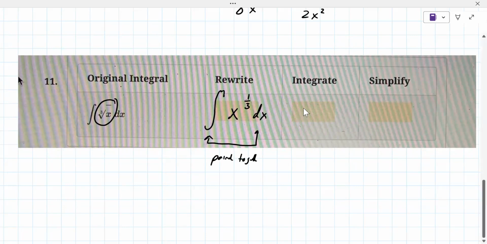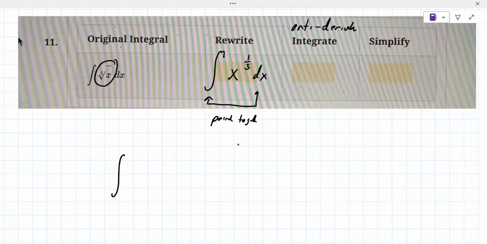Now, when you take what's called the antiderivative or integrate or the integral, whenever you do all that, you no longer have this right here. So there's a rule for this. The rule for integral x to the n dx is you add 1 to the exponent instead of subtracting 1.